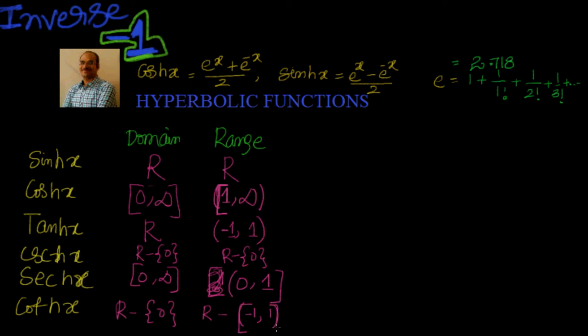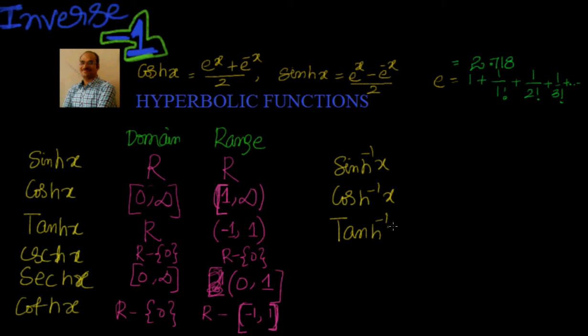Okay, now let's go to inverse hyperbolic functions and try to understand how this looks like. Sinh inverse x, cosh inverse x, tanh inverse x, cosech inverse x, and sech inverse x, and at the end we have coth inverse x.